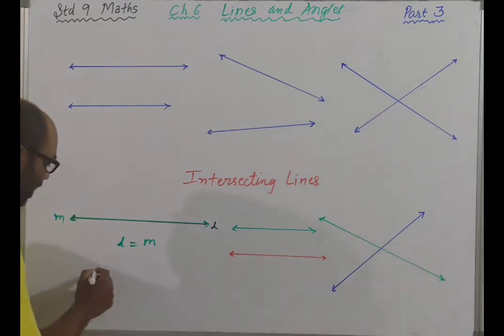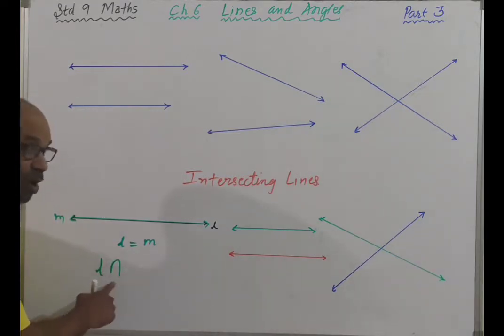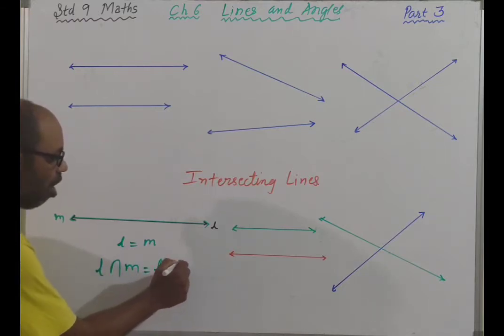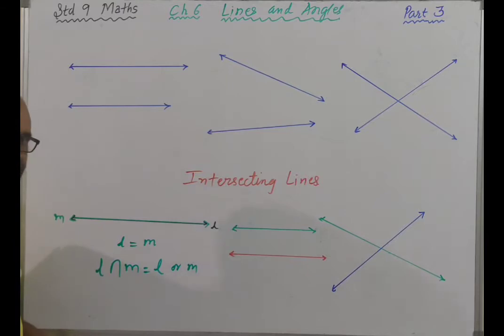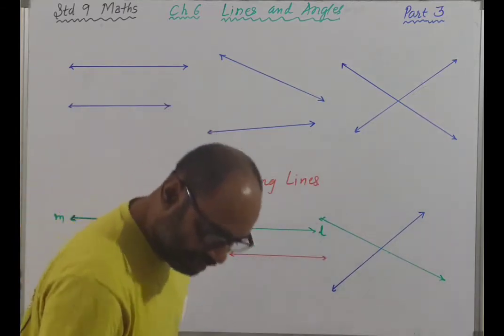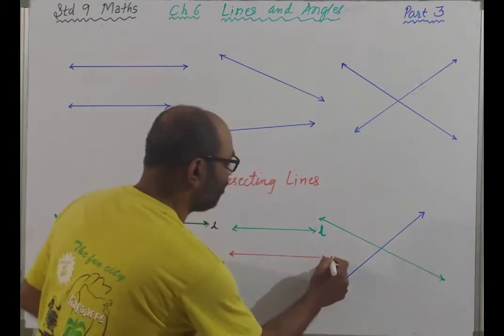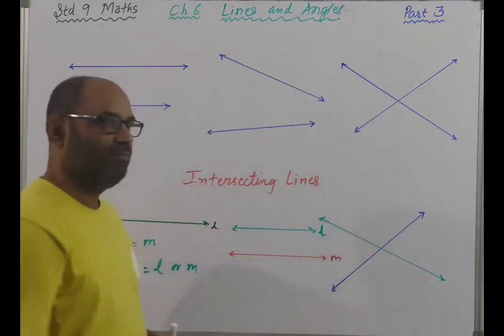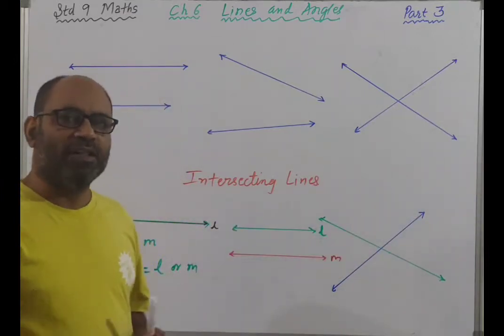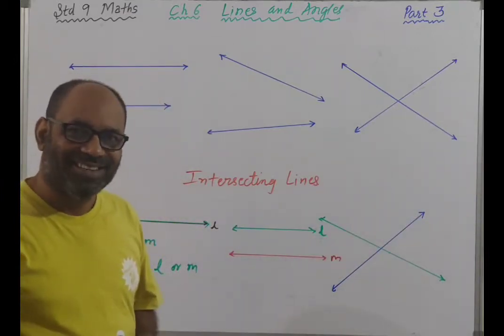So here I can say L, this is the symbol of intersection, M is equal to L or M. The intersection is happening in the whole line. Let's see. Here this is line L and line M. Extend them. Let those lines be produced further and further in both the directions.